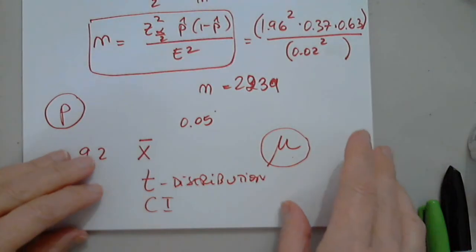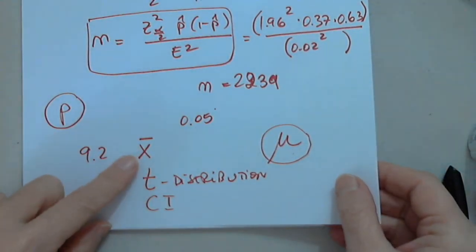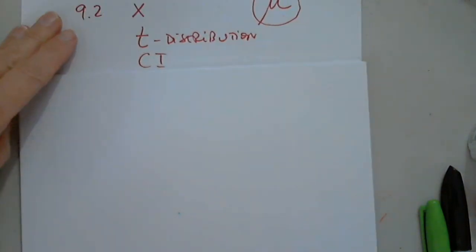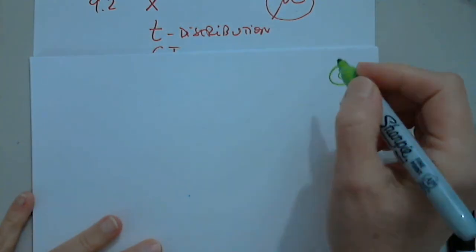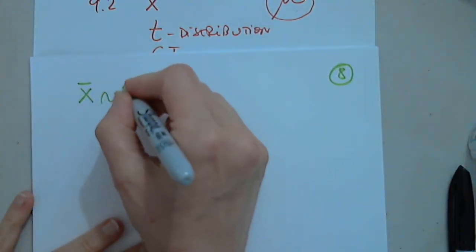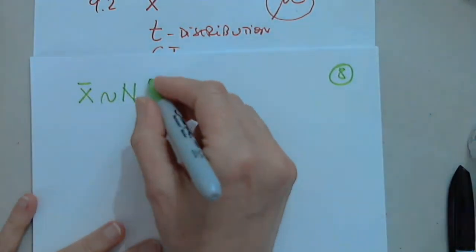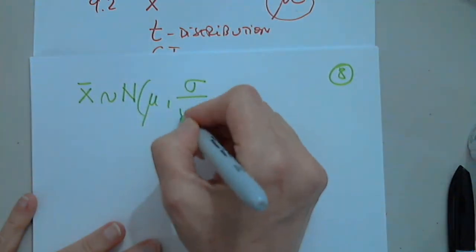Good. So now let's talk about the point estimate for mu. We remember from chapter 8 that x bar is normal with mean mu and standard deviation sigma divided by the square root of n.